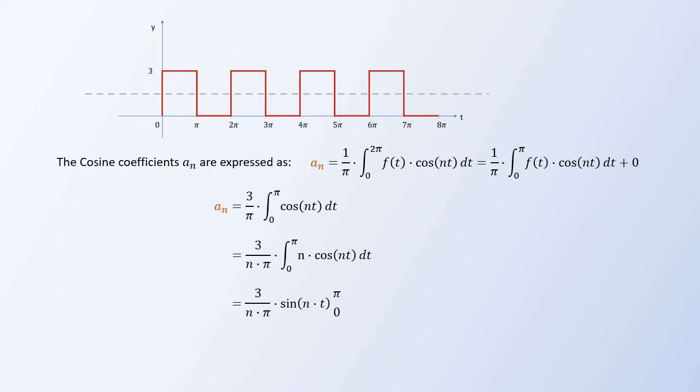Okay, so we have now 3 over n pi times the sine of nt evaluated from 0 to pi. Now, the sine of 0 is 0, and the sine of pi is 0, and so the whole thing is going to be 0 multiplied by 3 over n pi, and so that's simply 0.